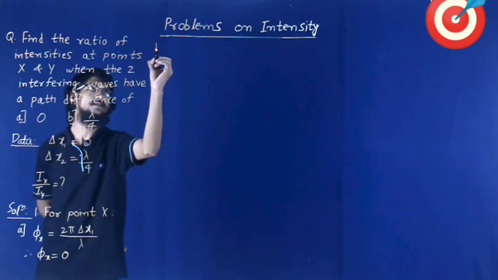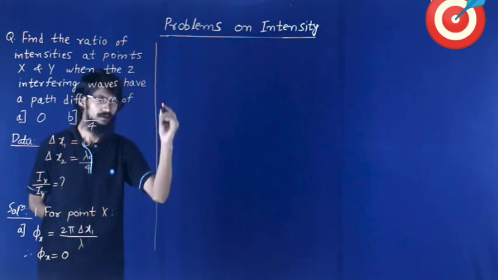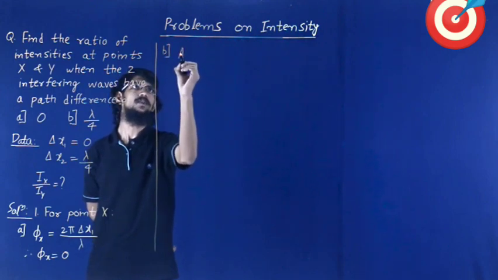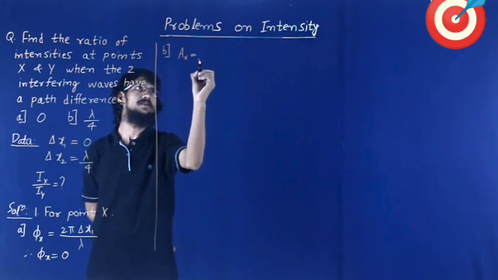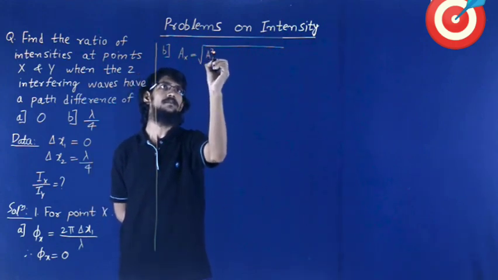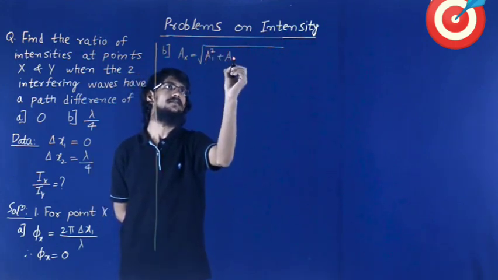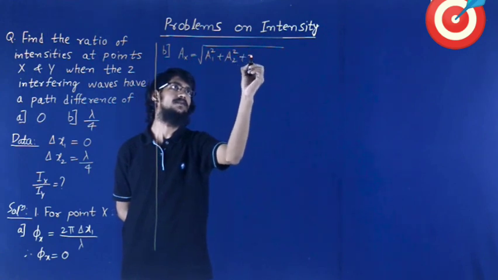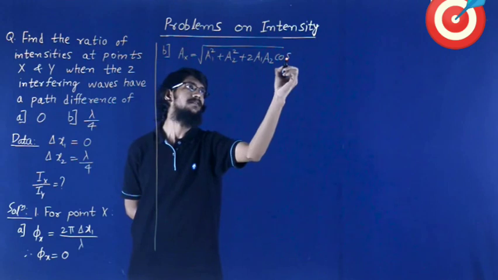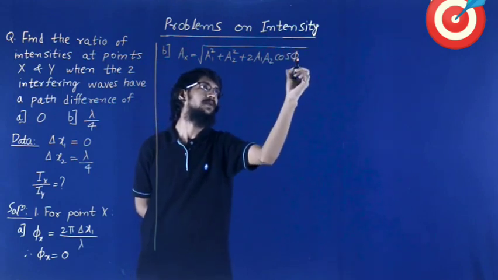Now we know that resultant amplitude at point x would be square root of a1 square plus a2 square plus 2a1 a2 cos phi, where phi is the phase difference at point x.